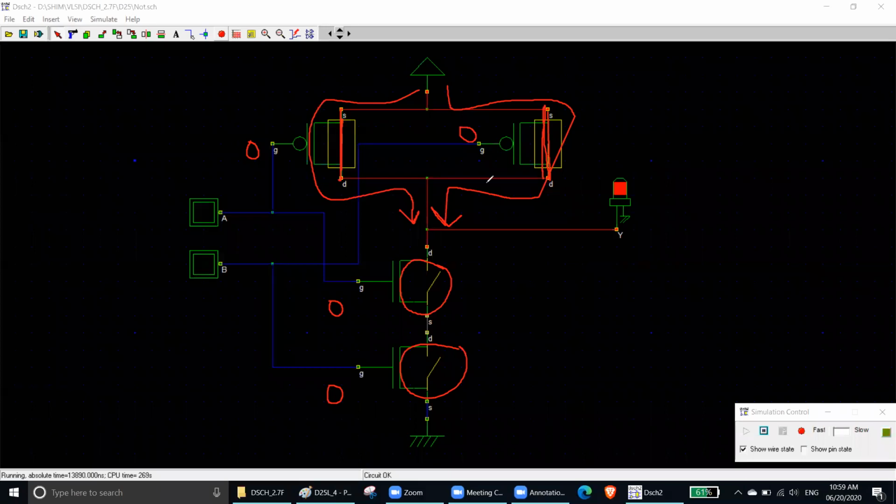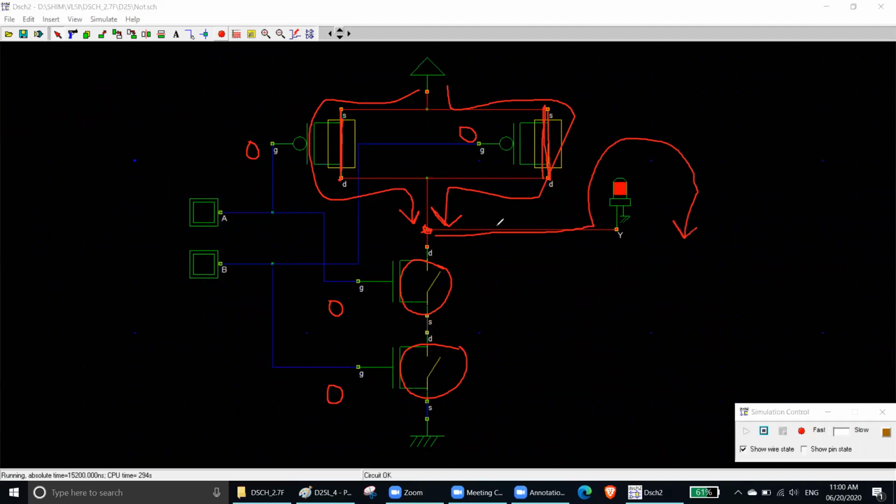Then after that, they will be reunited again. When they come to this point, they will see the way to the ground is off. There is no way by which it can go to the ground, right? That time it will follow the output part. So it will go to the LED, then it will go to the ground.